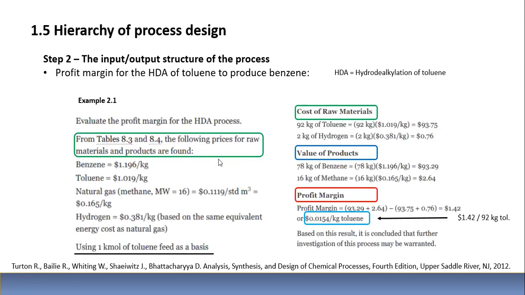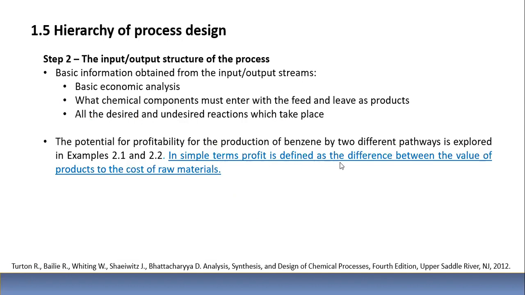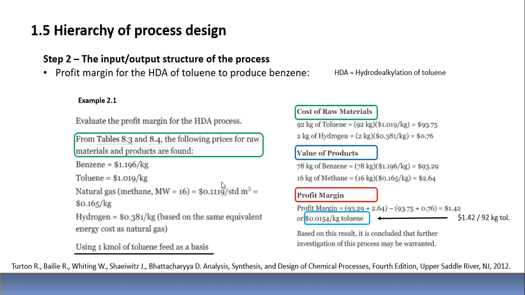And we discussed something about profit, to find out the difference between the value of products and the cost of raw materials. Then we saw two examples. The first was the toluene hydrodealkylation process, costing the products and the reactants based on the main stoichiometric equation.